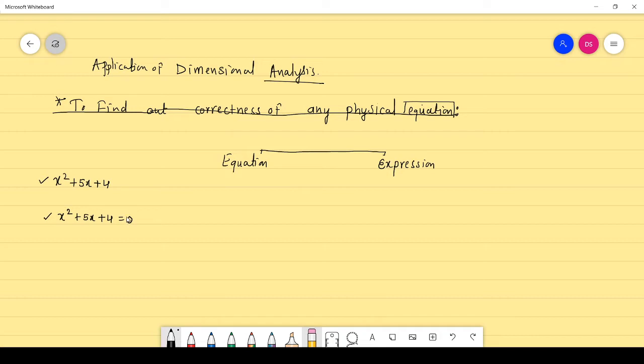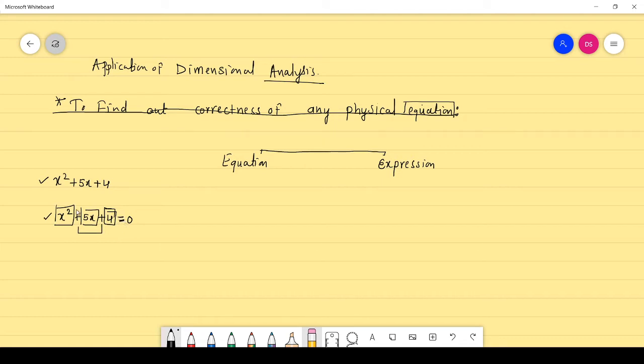You may say that wherever terms are connected by the equal sign. Here x square is a term, right? 5x is also a term, which contains a constant plus a variable. This is also a term which is only a constant, right? Then these three terms are connected by the mathematical operator plus, and then the equal sign is present.